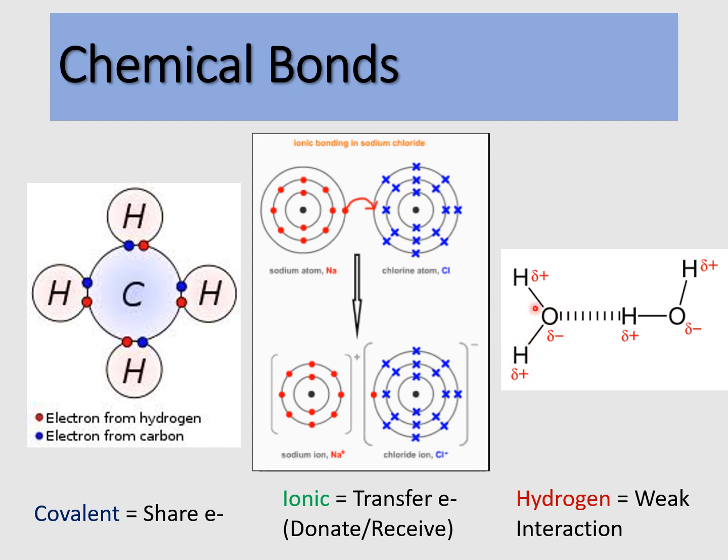So now this slightly negatively charged oxygen is going to attract another slightly positively charged hydrogen. So now this creates a weak hydrogen bond. Okay, and we'll explain this a little bit more when we talk about water and how these hydrogen bonds give water its very unique properties.